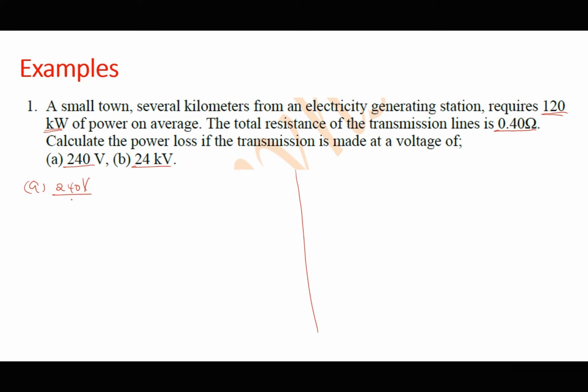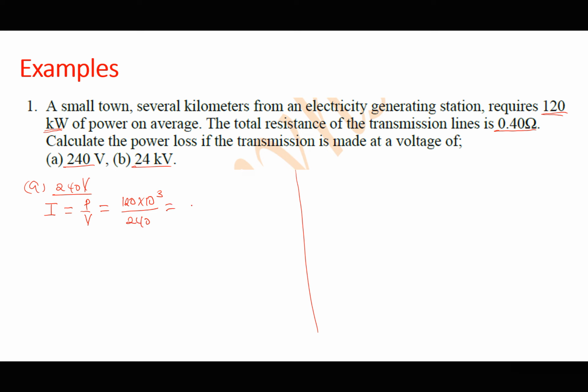What can we observe here? First of all, let's find the current which flows. The current in the transmission lines is going to be power divided by V. The power which should be transmitted is 120 kilowatts, that is 120 times 10 to the power of 3, transmitted at a voltage of 240 volts.